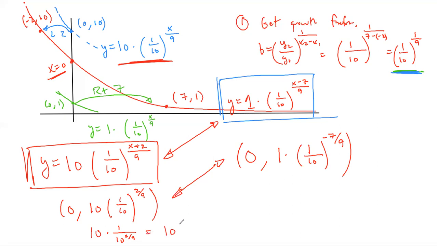That'll be 10 to the first minus 2/9, and that'll give us 10 to the 7/9, yeah? Which is exactly what happens here. By having the negative, I have the reciprocal, so we'll have 10 to the 7/9. And we have the exact same result.